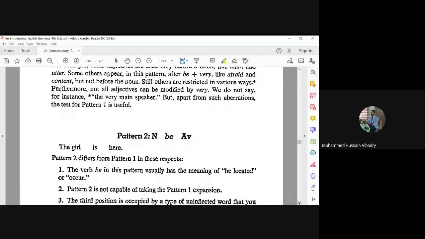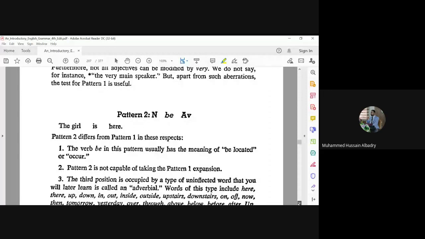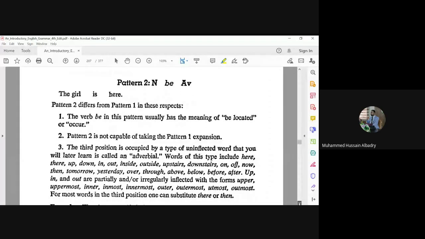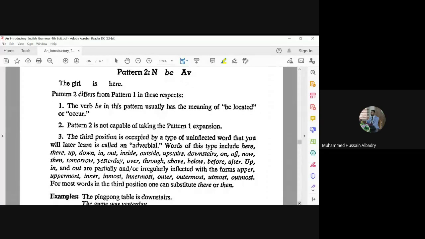باقي شرح عامج. Pattern. Now we go to pattern number 2. Pattern number 2: Noun be IV. Okay, take a look at it.